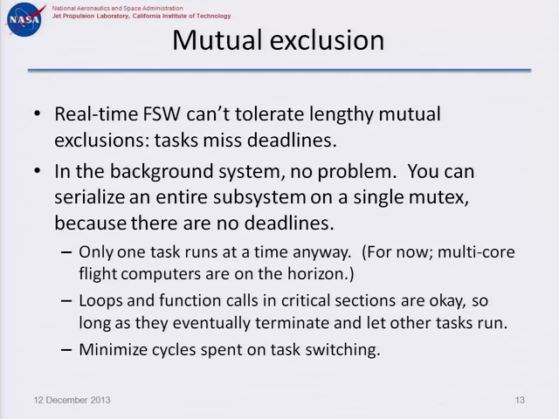Mutual exclusion. In real-time flight software, you don't mutex. If you lock things out, then you risk losing the spacecraft because you can't respond to an interrupt. Tasks will miss deadlines. But in the background system, that's not a problem. You have all these tasks that are running at the same priority level, and they can safely lock one another out because there are no task deadlines.